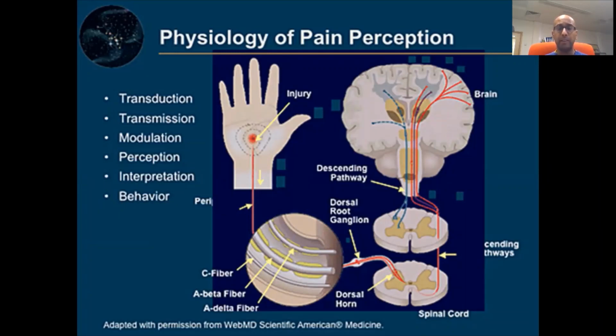That process is tremendously complex and is very simply outlined in this diagram, going from what's described in this diagram as injury, but can be taken to be the effects of the disease in terms of glycogen storage, and how that can affect peripheral nerves and the central nervous system, and then leads to alterations in the way that pain is perceived in the central nervous system and in the brain, and thus affecting behavior.